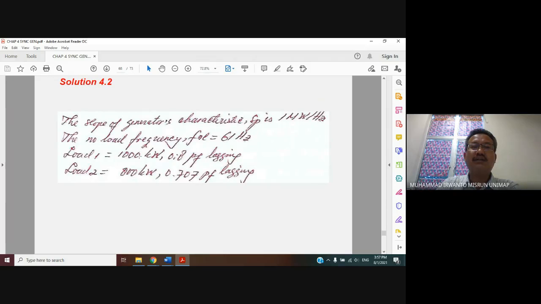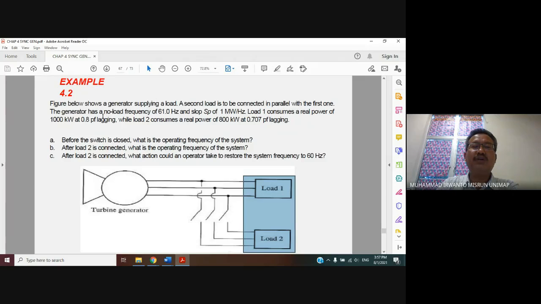And then we know that the generator has a no load frequency. Maknanya when this generator is not connected to load 1 and also not connected to load 2, meaning in the no load condition, this generator has the no load frequency of 61 hertz.